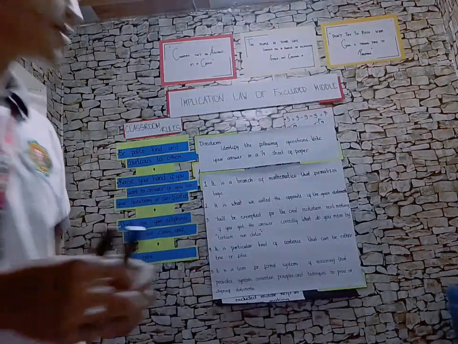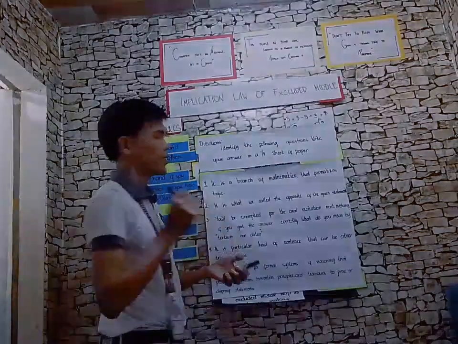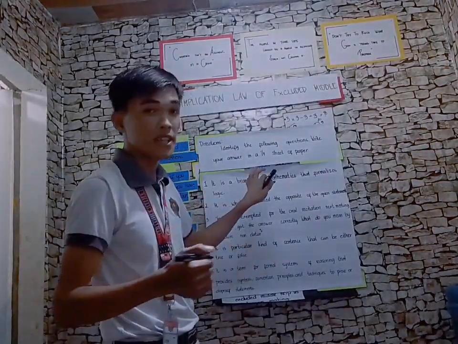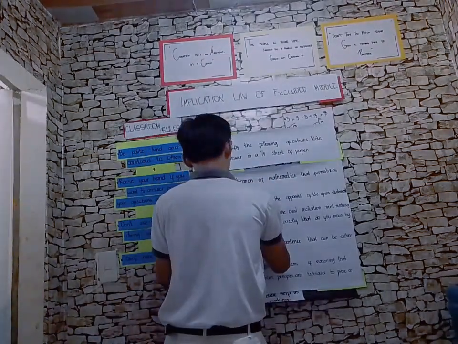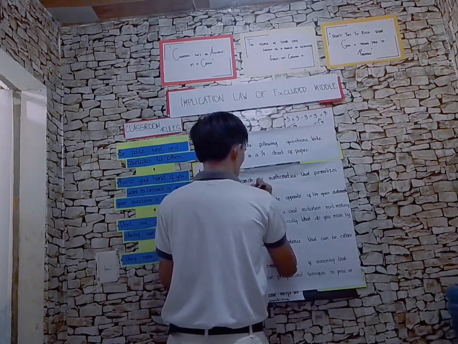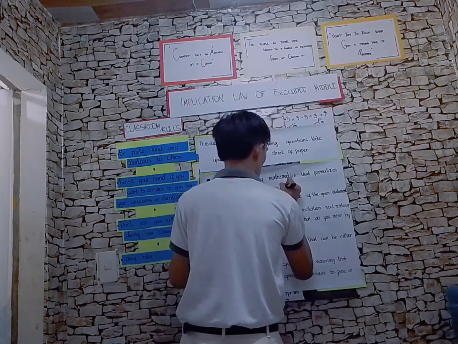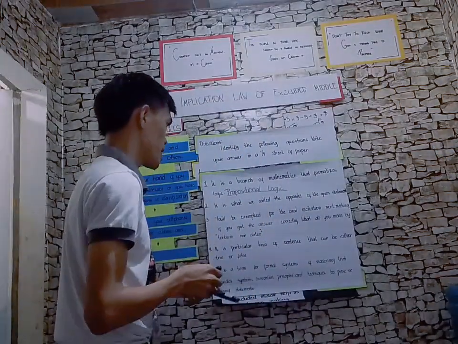Okay, are you done? Seems like you're done, huh? Okay. Let's answer. Number 1. It is a branch of mathematics that formalizes logic. The answer is propositional logic.